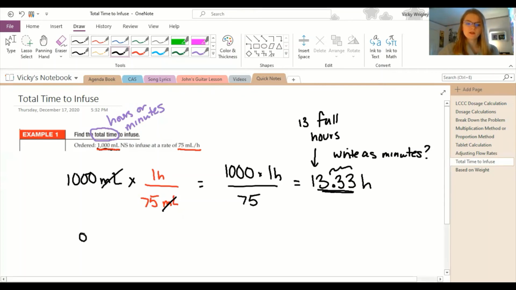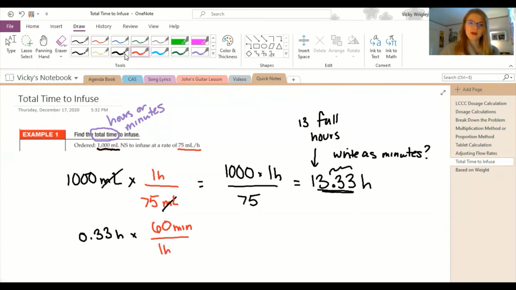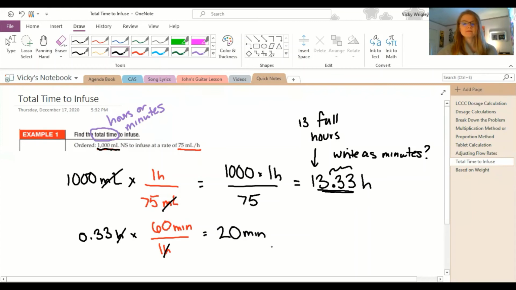So we have to convert 0.33 hours into minutes. We'll multiply by that conversion factor, which would be 60 minutes over 1 hour, so that the hours cancel out and I'll just be left with minutes. And this will leave us with 20 minutes.